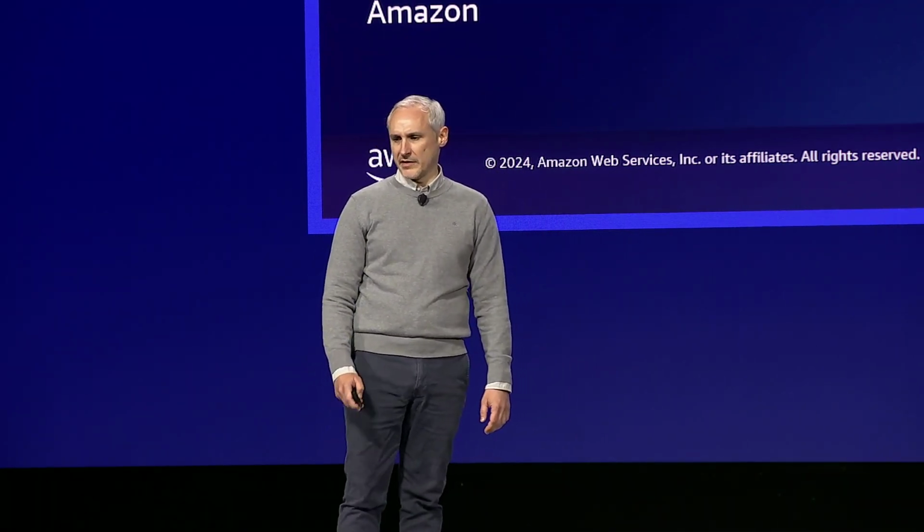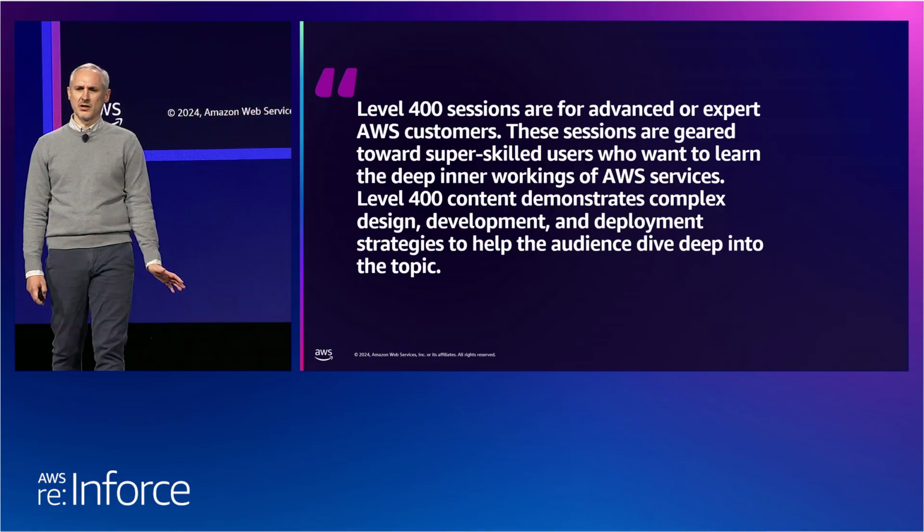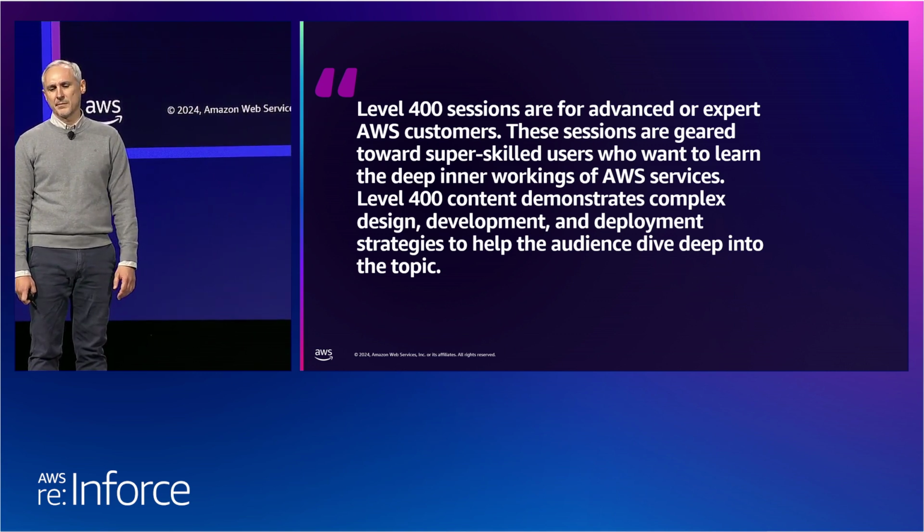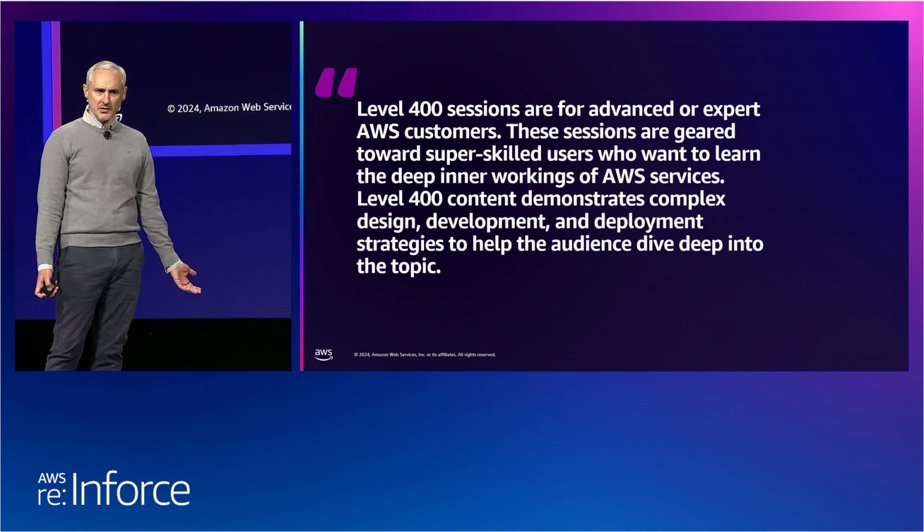So let's dive in. This session is level 400, so we're going to dive deep into how the technology works and how you can use it. If you're a Rust developer, and you want to know more about this technology, you're in the right place.